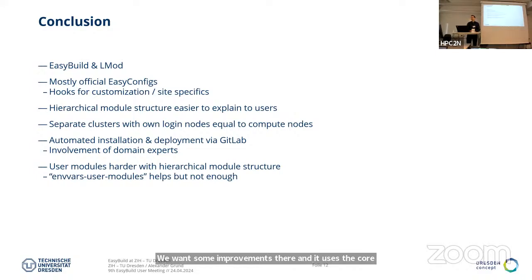There is an open issue about that, such that it doesn't detect the modules in the root or the global modules because of the modules all folder. Yeah, maybe we can fix that for EasyBuild 5. But that's pretty much it.